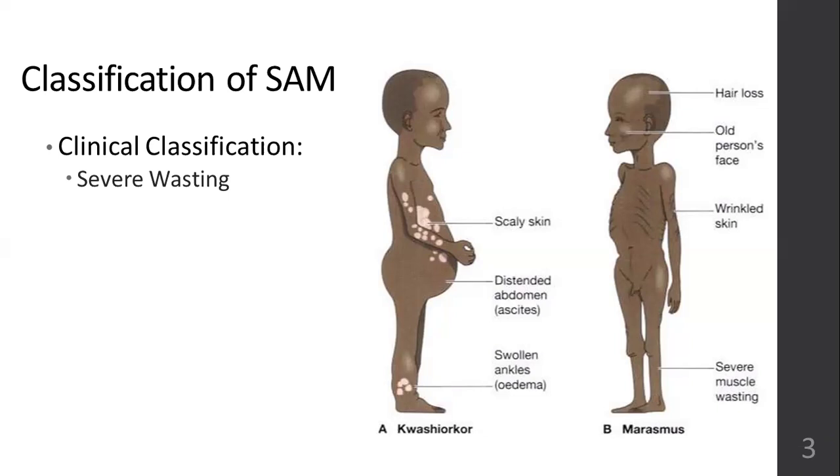Again, the mid upper arm circumference is much less than 11.5 centimeters in these children, because they have lost a lot of subcutaneous fat as well as muscle mass. That is the upper arm circumference finding in severe wasting.